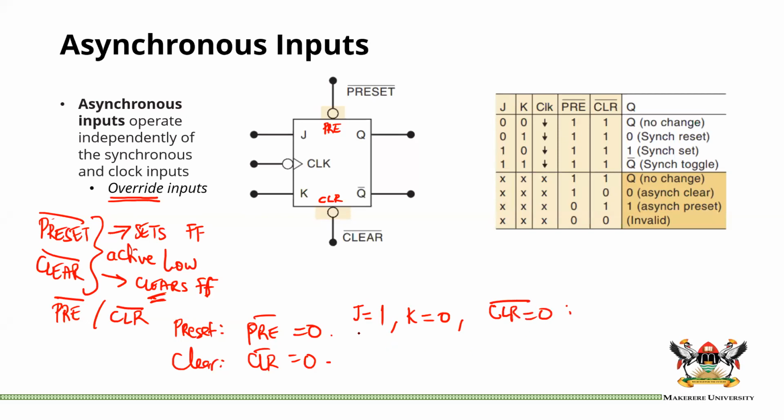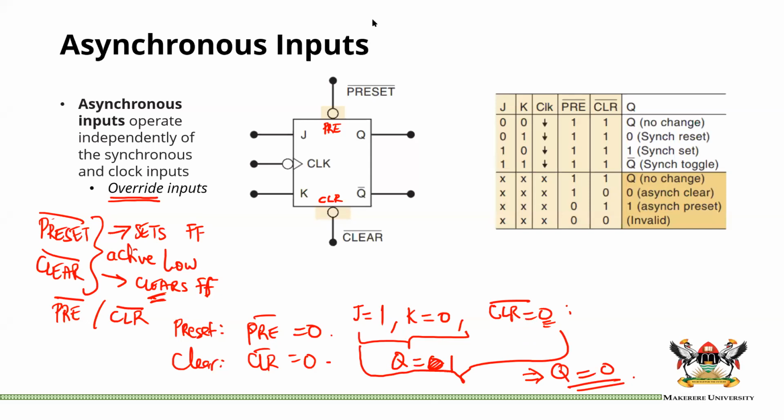In this case, my output would be Q equals 1, because J equals 1, K equals 0 actually sets the flip-flop. But in fact, what happens is that with this whole combination, my output will remain 0. The reason it remains 0 is because my clear is still 0. If my clear is 0, it will override whatever the synchronous inputs are trying to do. So that's why we call them override inputs.